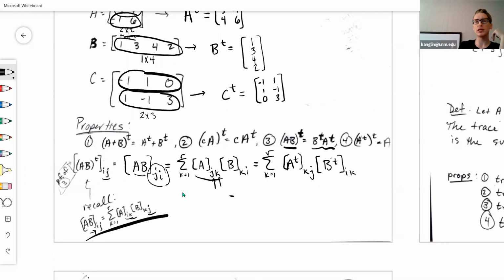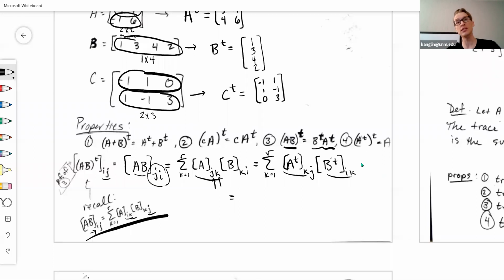And now maybe this is the big leap. Remember, each of these terms written in this summation is just a scalar times a scalar. A transpose kj right here is just a scalar quantity that sits in the kth row, jth column of A transpose. B transpose ik is just a scalar quantity sitting in the ith row, kth column of B transpose.